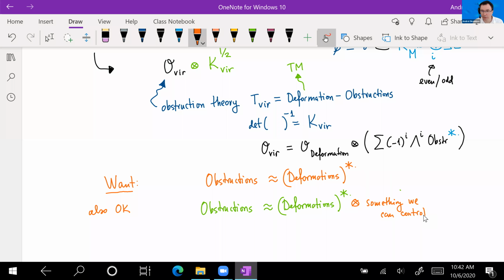If we can control, meaning of some geometric input, it's in our hands. We can put in the integration of all the characteristic classes, so as to make the theory self-dual.